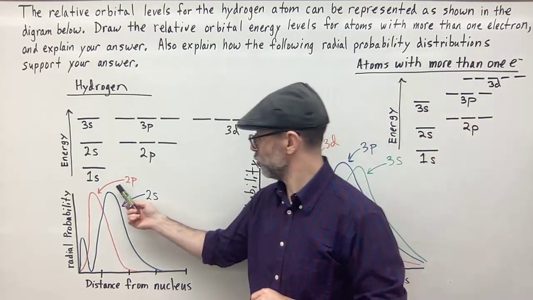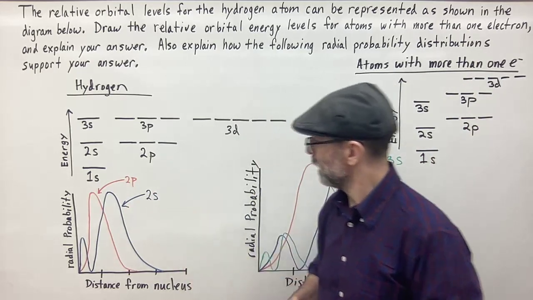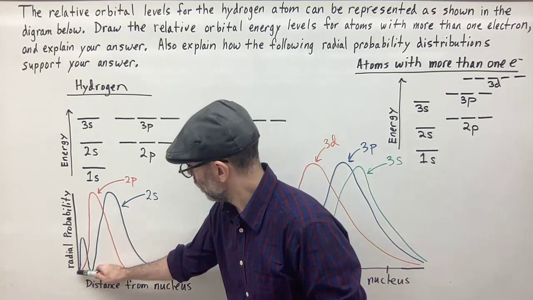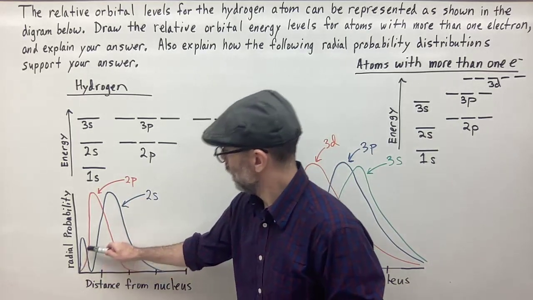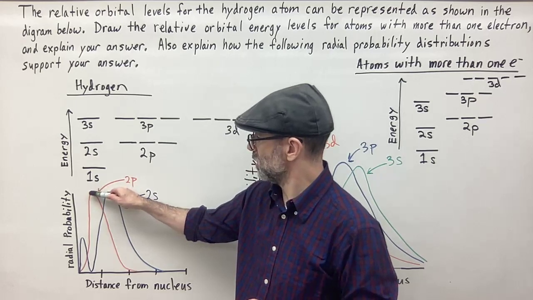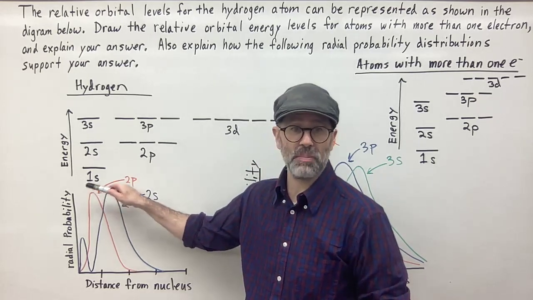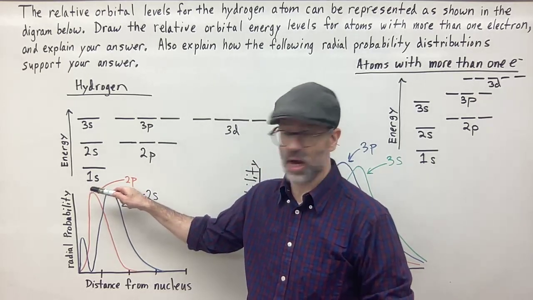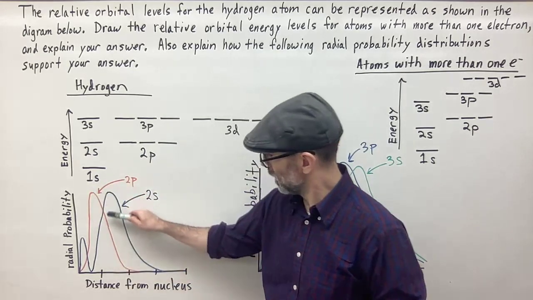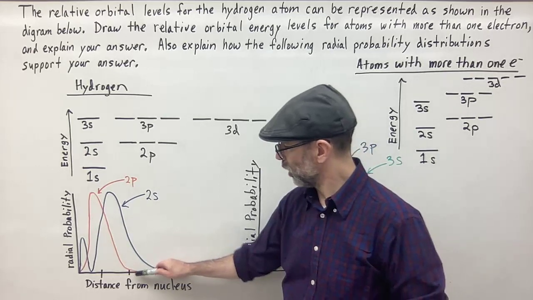So here we have the 2p and the 2s, and you'll notice that the 2p is close to the nucleus, and then as you get farther away, it spikes up to this level here. So you have a maximum probability of finding the electron at this distance from the nucleus. And then it tapers off at lower probability.